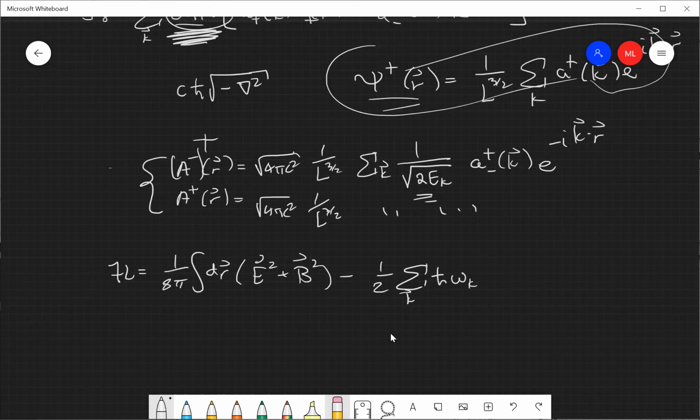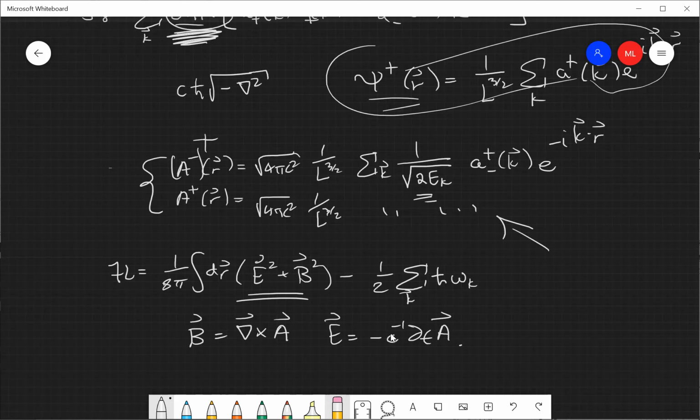And these E squareds and B squareds are just going to be derivatives of the vector potential field operator. So B is the curl of A, and E is the time derivative, like that.